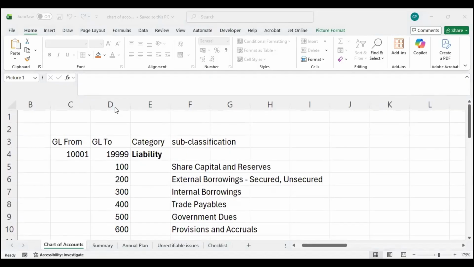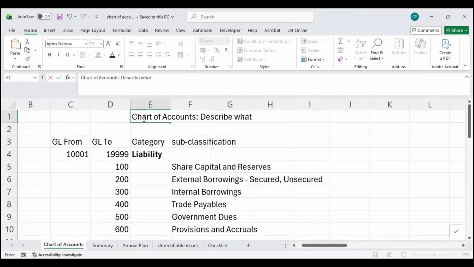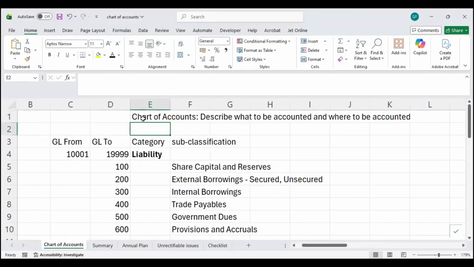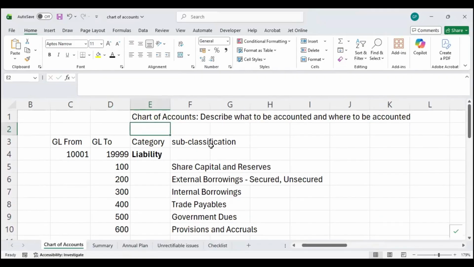Now, what do you mean by chart of accounts? Chart of accounts describes what to be accounted and where to be accounted. This is the base for any company on how to account.